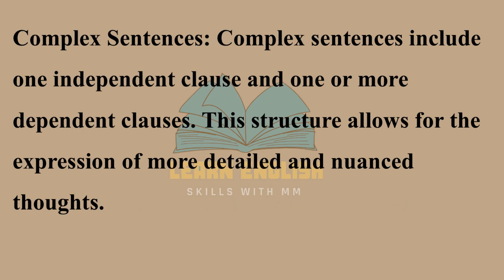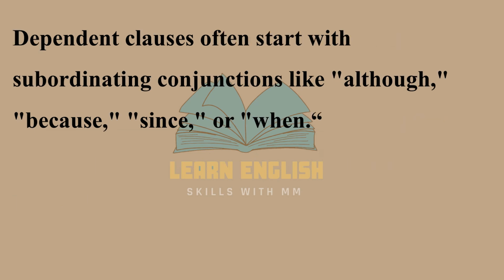Complex sentences. Complex sentences include one independent clause and one or more dependent clauses. This structure allows for the expression of more detailed and nuanced thoughts. Dependent clauses often start with subordinating conjunctions like although, because, since, or when.